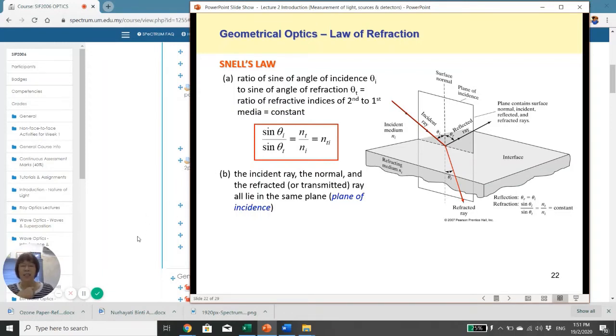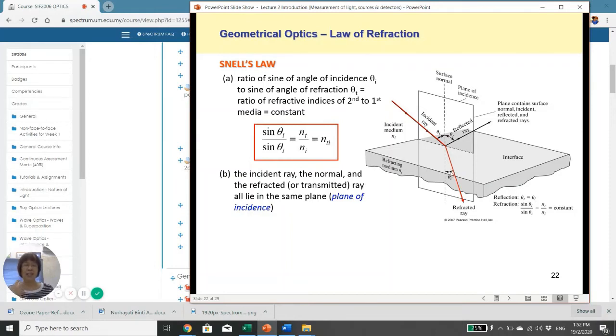So let's see. Basically, it means the ratio of the angle of incidence, so we have this ray that's coming in, and this is the angle of incidence. You draw a normal to this surface, and of course you have part of the beam being reflected, and the reflection law applies, and part of the beam can be transmitted into the second material. And you have a refracted angle or a transmitted angle.